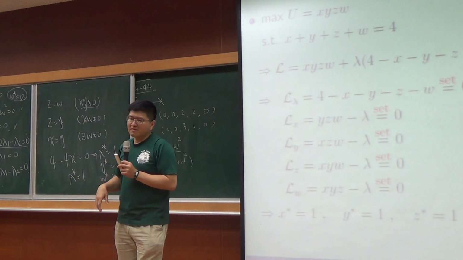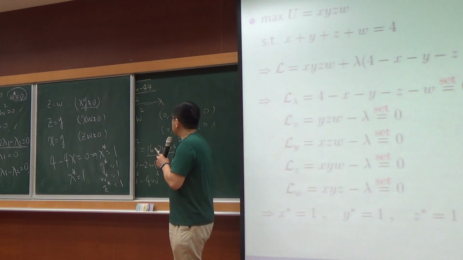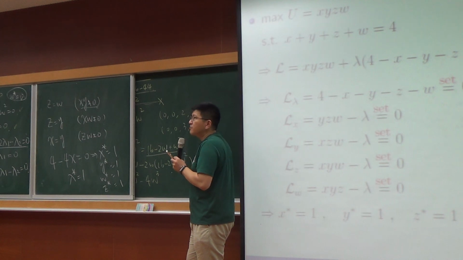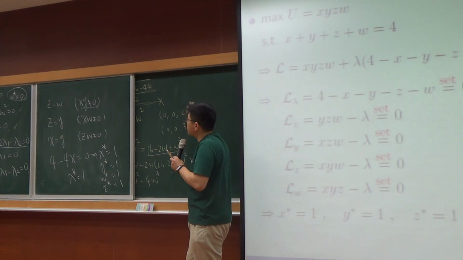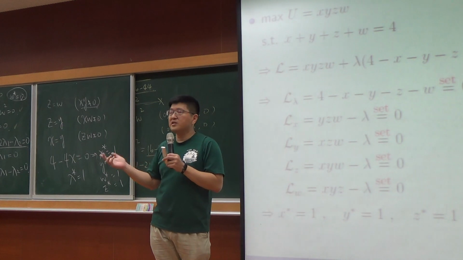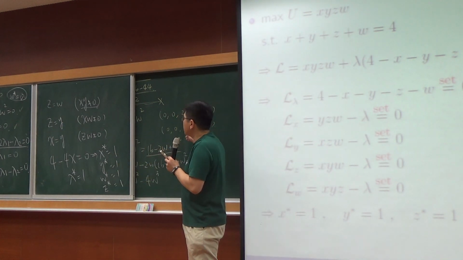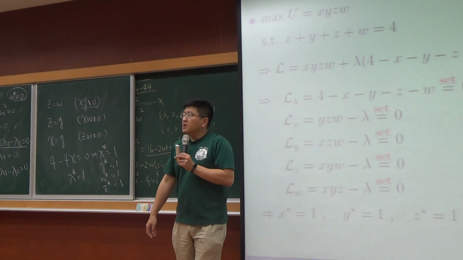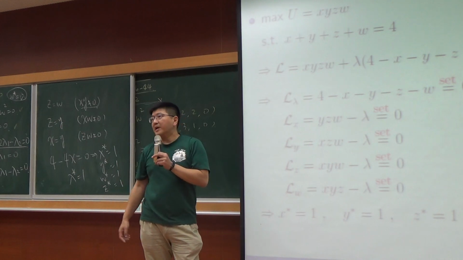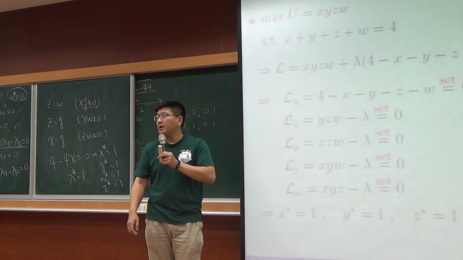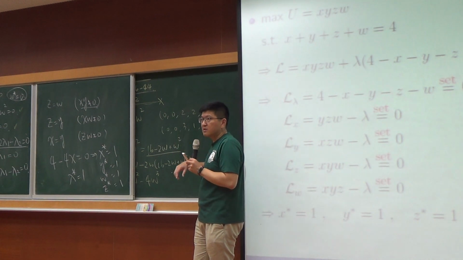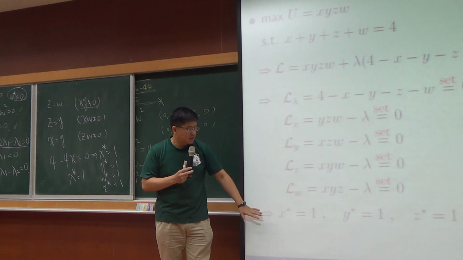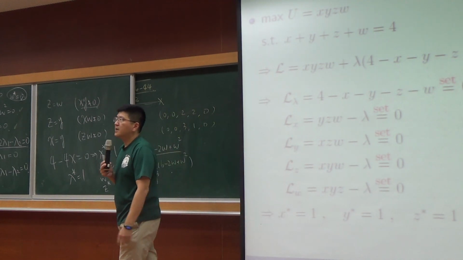Actually it's not very difficult, but quite easy to find they will not be critical, although they are critical values, but they correspond to something like the center point or the inflection point. It would not be a maximum or minimum. Since we are maximizing our utility function, this kind of solution we just ignore. The meaningful solution would be this only.